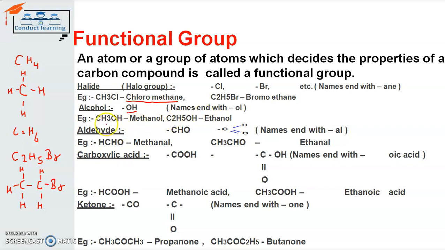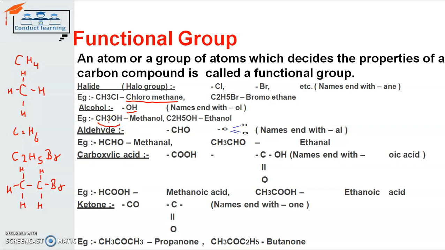We already know that in methane the formula is CH4, and after replacing one of its hydrogen atoms with the functional group OH, it becomes methanol, and the chemical formula becomes CH3OH. The example is given here.